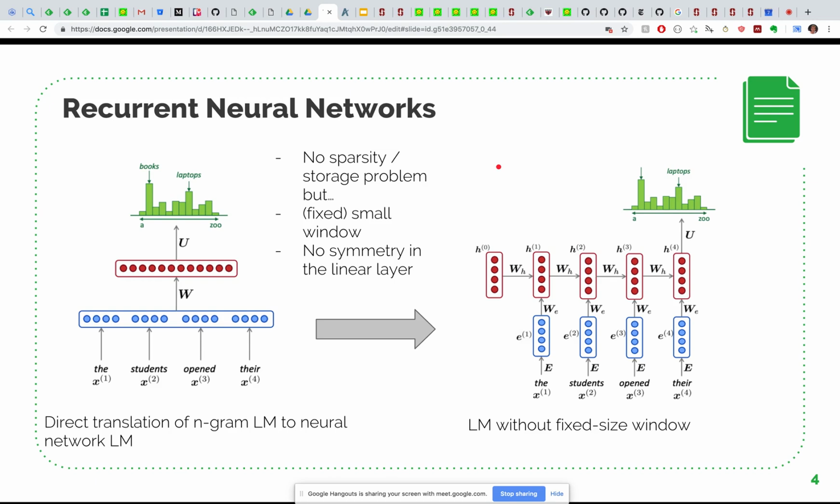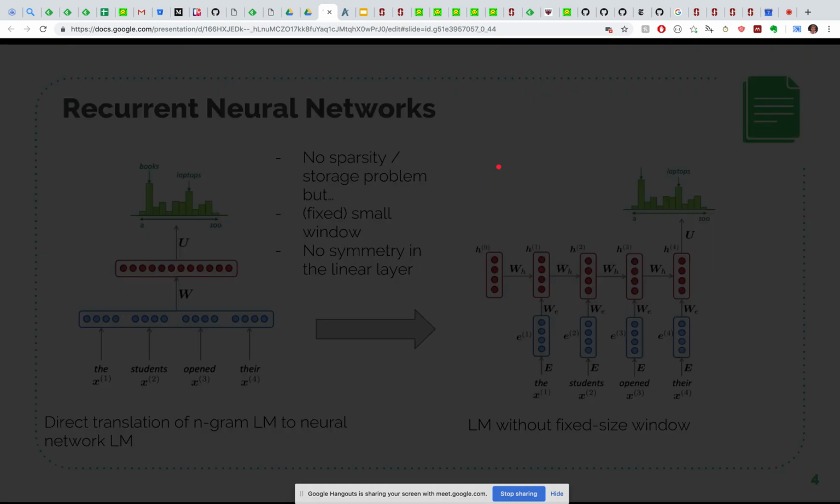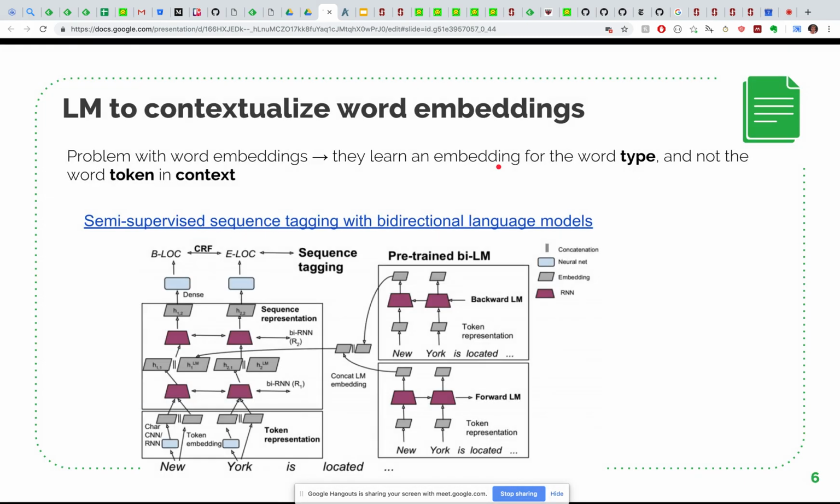But a word can have different meanings depending on the context or the register we use it in. So there is a difference between the type of a word, which is the word itself, and the token, which is the word in context. And so there has been some work to bring the context and add it to the pre-trained word embeddings.